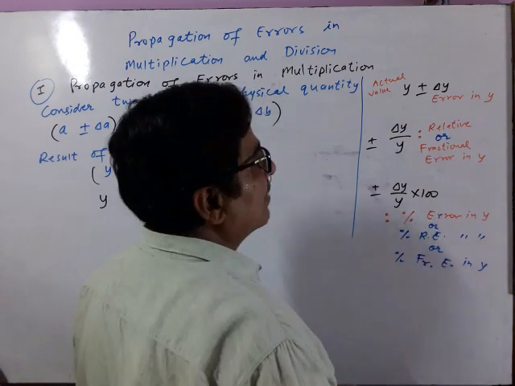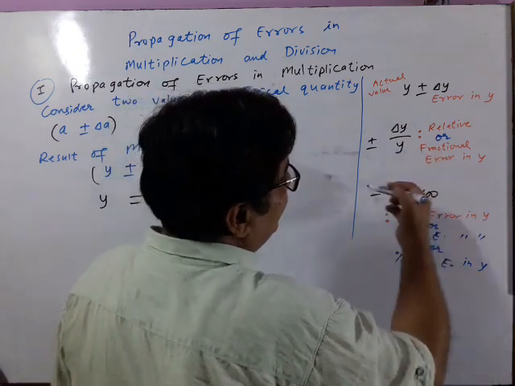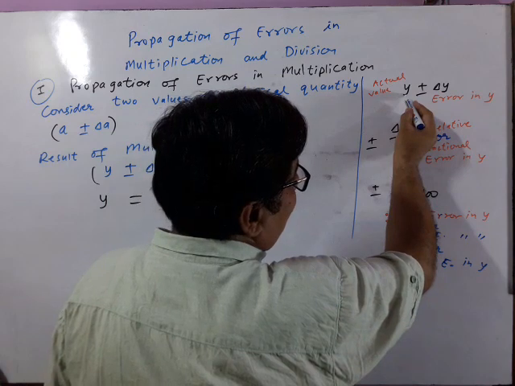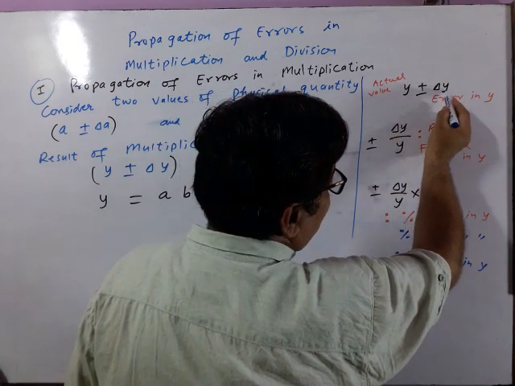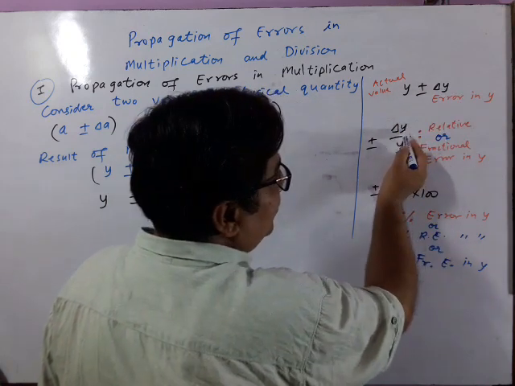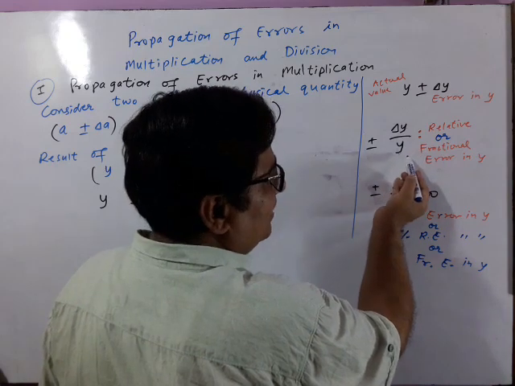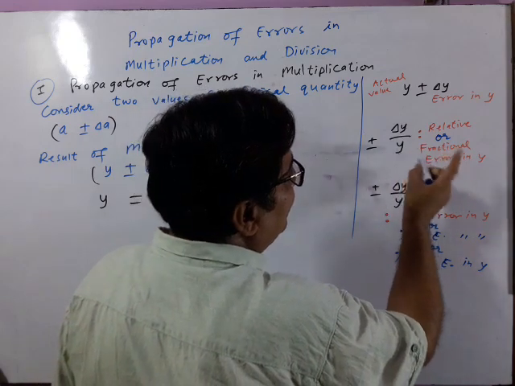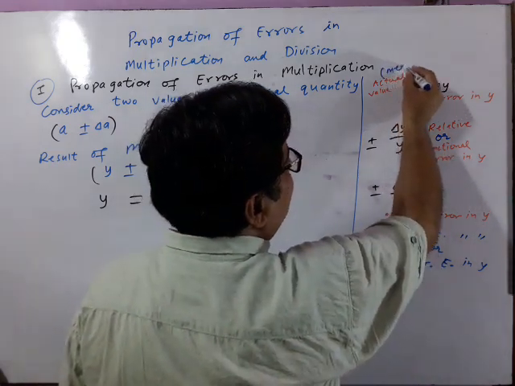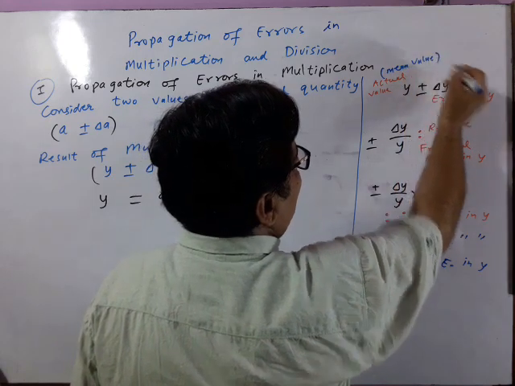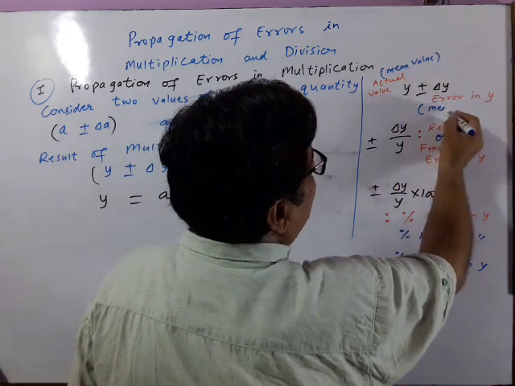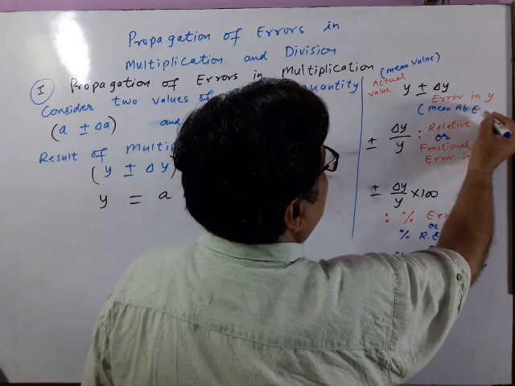Are you getting it? Earlier in the previous lecture we called it mean absolute error. Mean absolute error upon mean value is not the same thing. Mean value is the actual value, and error in y is called the mean absolute error.